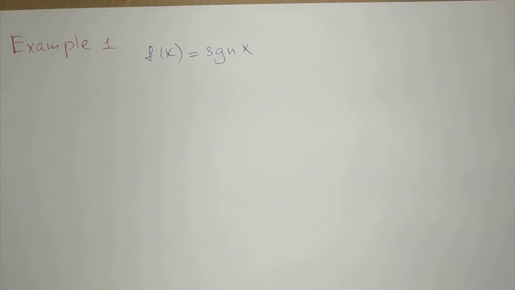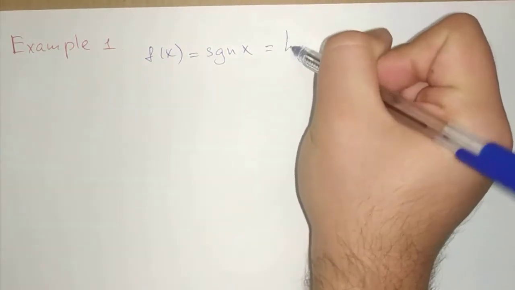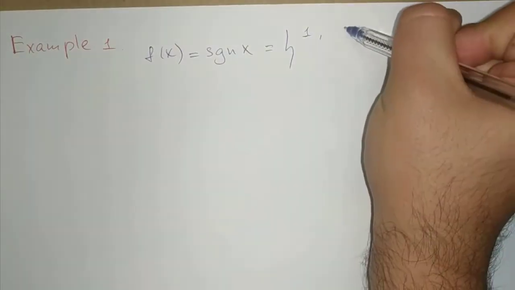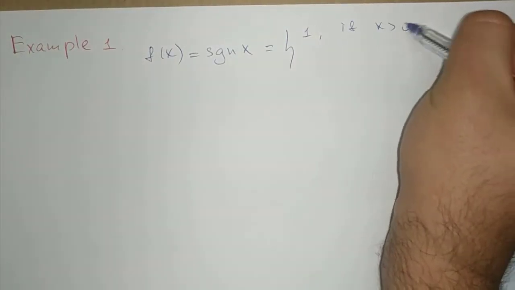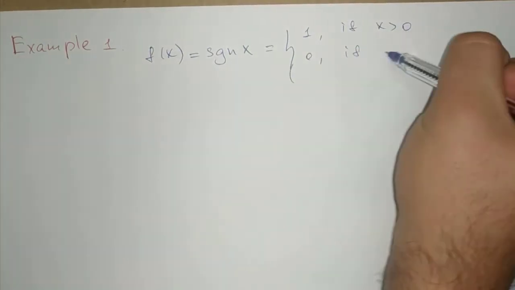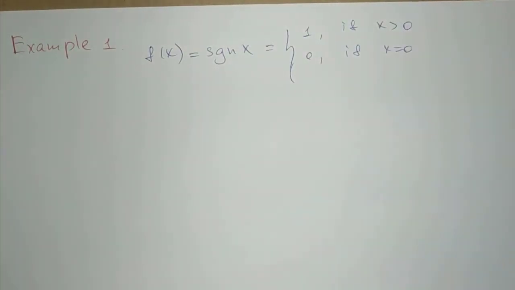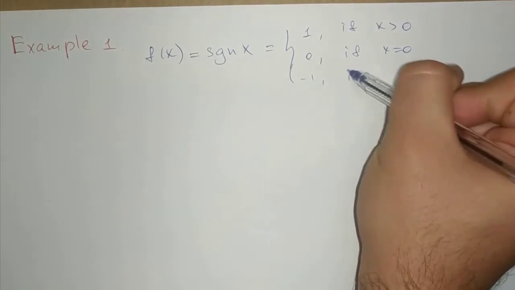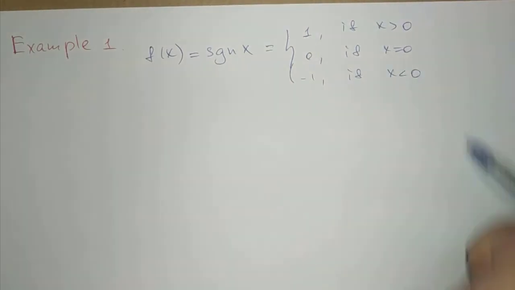It defines the sign of the function. It equals 1 if x is greater than 0, 0 if x equals 0, and minus 1 if x is less than 0.